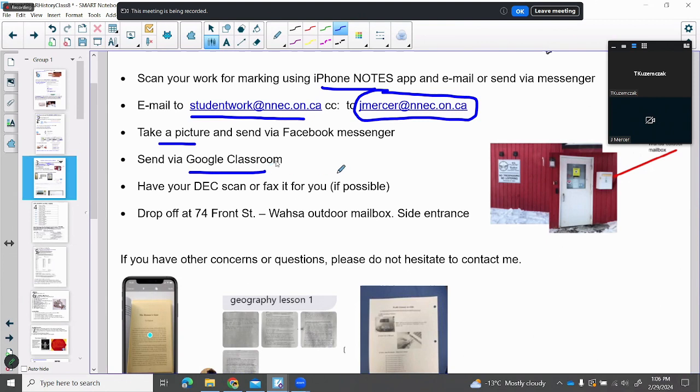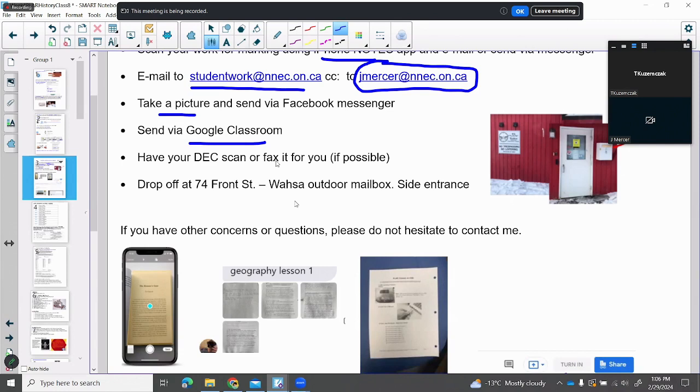So remember, with the Google Classroom, you have different codes for if you're using your personal Gmail or if you're using your NNEC school email. You can also ask your DEC to scan it or fax it for you, if that's possible, or you can drop it off at our main office here in Sioux Lookout if you're around the area.